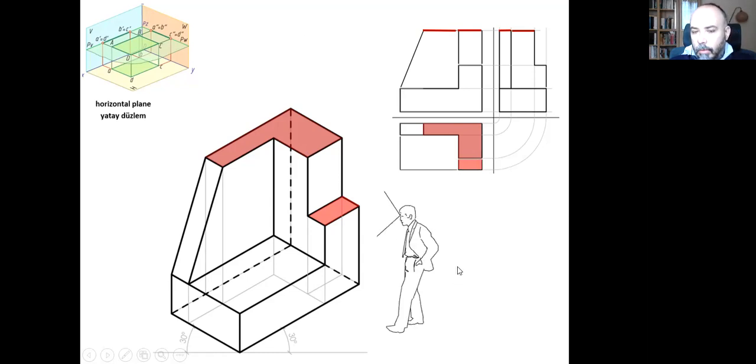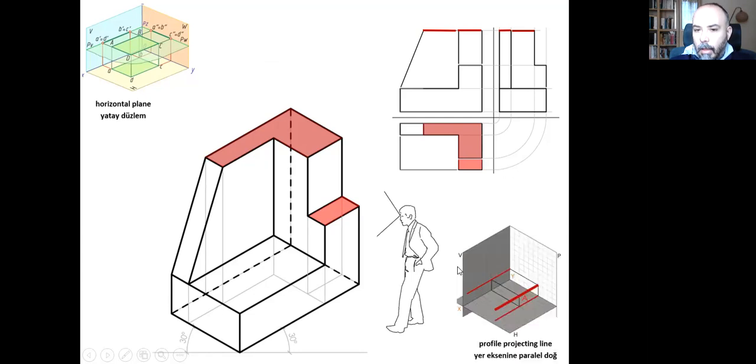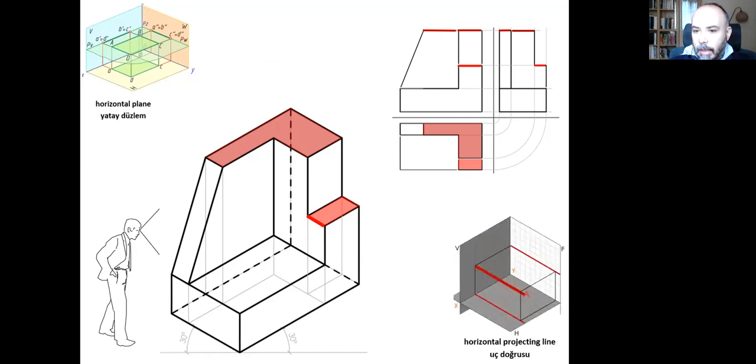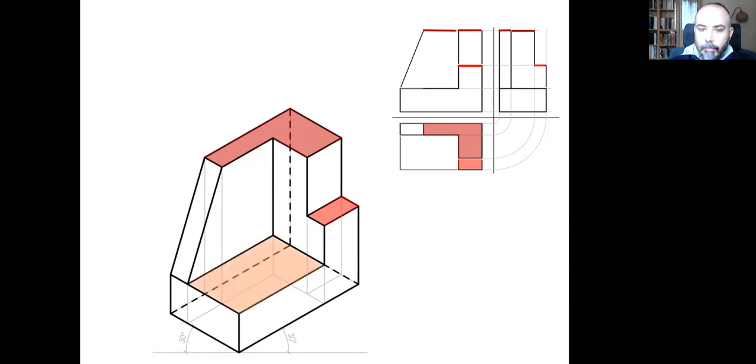And when I move to the front part and look at this horizontal plane, I will see it as a profile projecting line. Just this line here, I will just see the frontal line that appears here. And because there is this interval difference, I need to leave these gaps. And on the left side view of this plane, I will notice that line there.